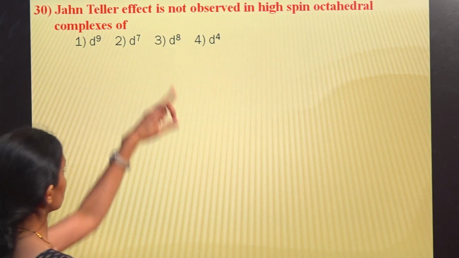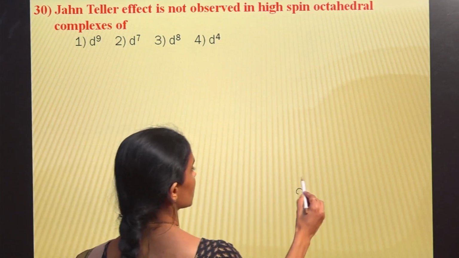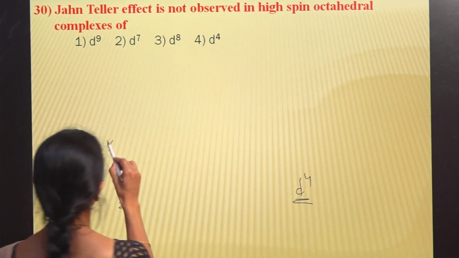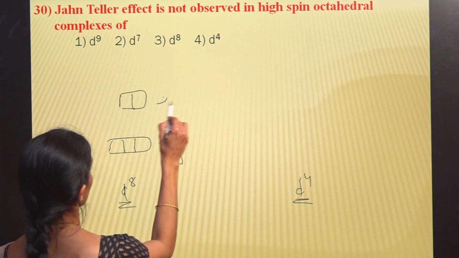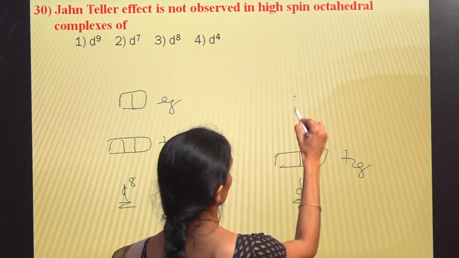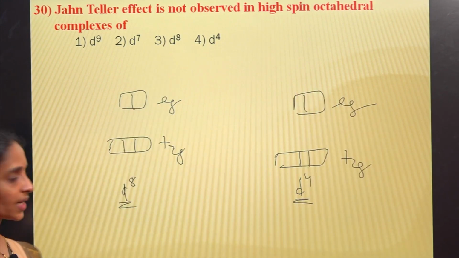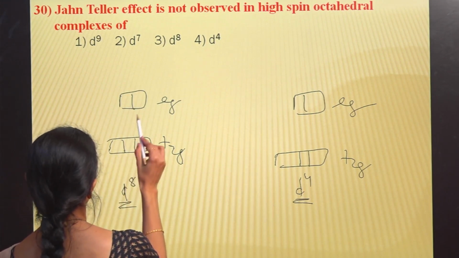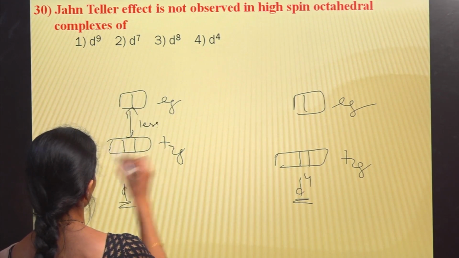Let's check the last 2. One is D8, the other is D4, T2G and EG. How do you write D8? Keeping in mind that this gap is less.